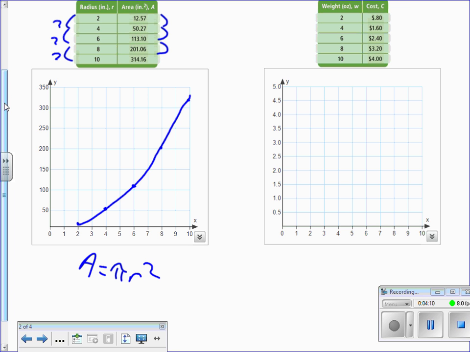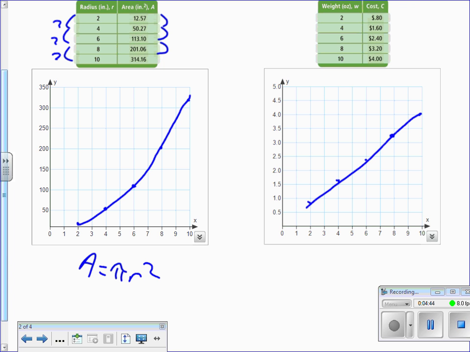These don't. These go up by 2. These don't go up by the same amount each time. It's nonlinear if they don't go up or down by the same amount each time. I plot this one out. Let's see, 2 and 80, 4 and 160, 6 and 240, 8 and 320, and 10 and $4 even.